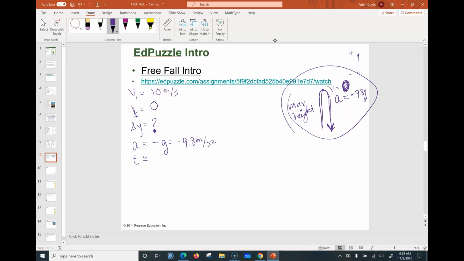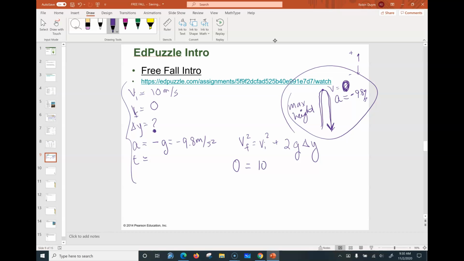Once we get our information, we can pick out our equation from our kinematics list. And we want to choose the one that does not have t. So it's final velocity squared is equal to initial velocity squared plus 2g delta y. If you accidentally put it in the old way, it's fine as long as you know how these correspond in those equations. You're totally fine. I wouldn't take off points for writing it with x, delta x, and a. But your final velocity is 0.